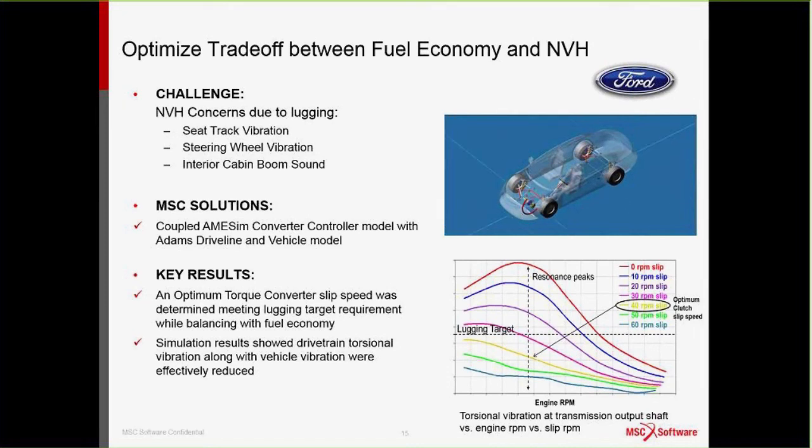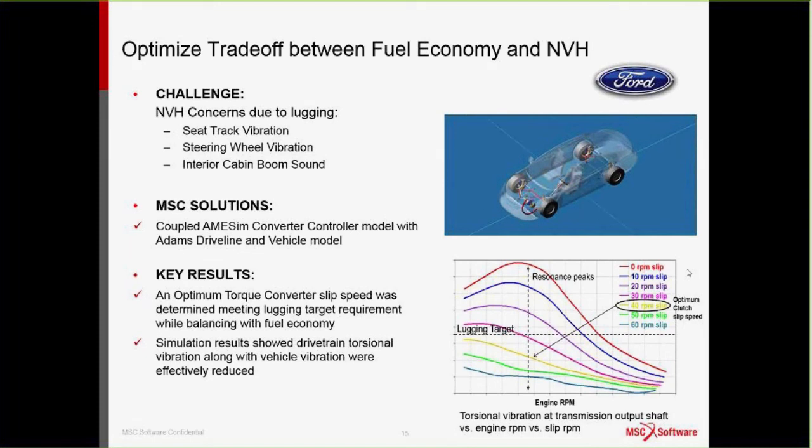And you can also lock up that converter, which means there's a 0 RPM slip on that converter, which will translate into 100% transmission efficiency between the engine and the transmission. But that will oftentimes cause a lot of NVH problems like the lugging.